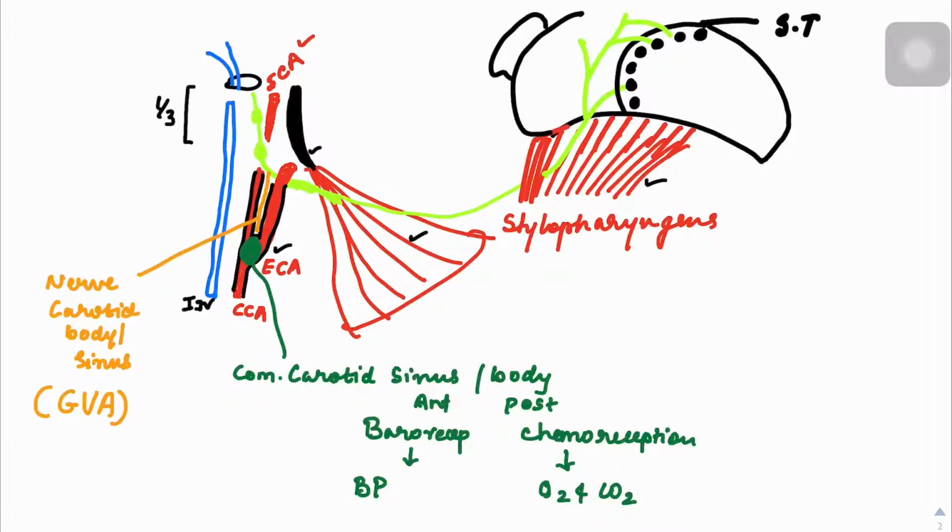General visceral afferent deals with the change in the chemical baroreceptors and chemoreceptors and it is sensed by the nucleus in the brainstem, that is the solitary nucleus. Or we can say tract.